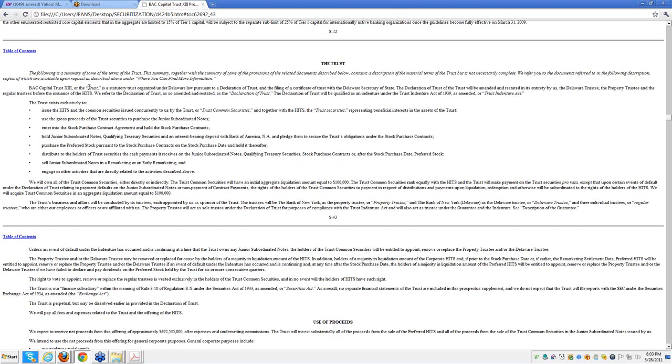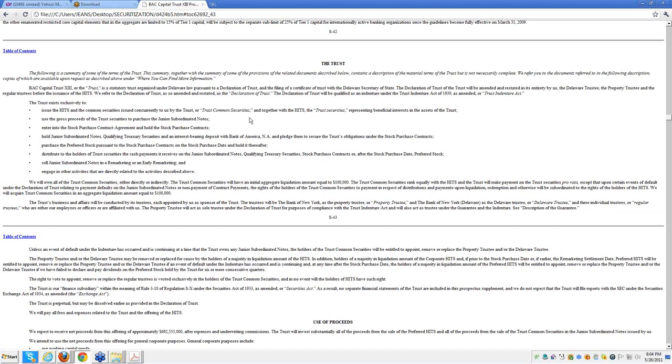It's a statutory trust organized under Delaware law pursuant to a declaration of trust. They do a declaration of trust or a trust indenture, and they appoint an indenture trustee. A lot of them use the Bank of New York. They get their nose in all this stuff.